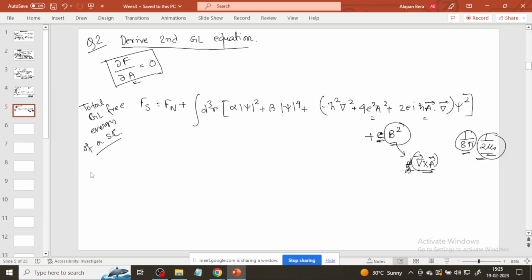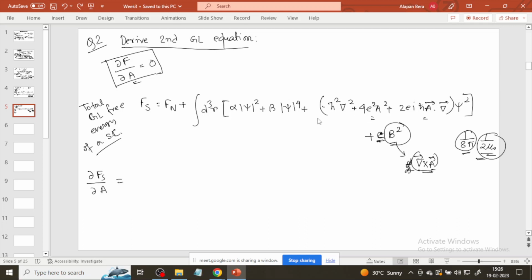Now when I take the derivative with respect to A, what do we get? We get 8 e square A. So we get this term. Okay, so let's do it another way.